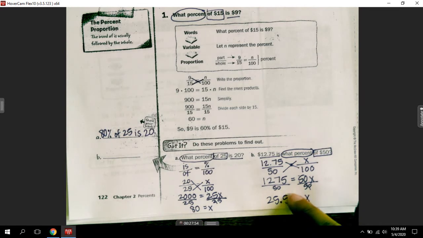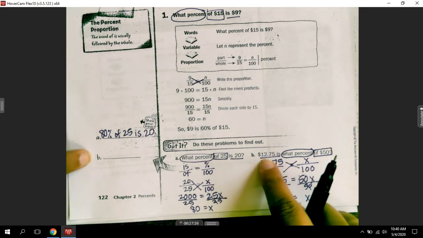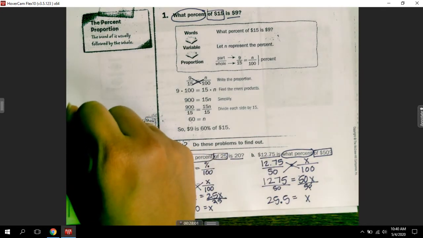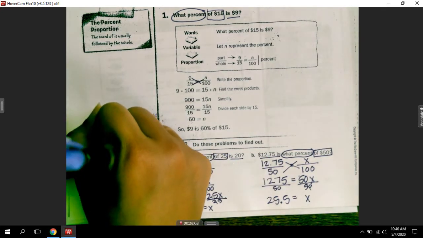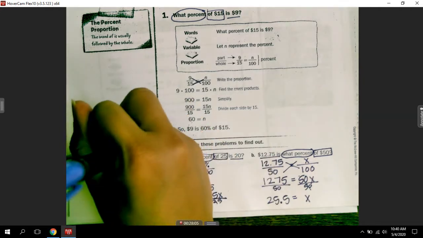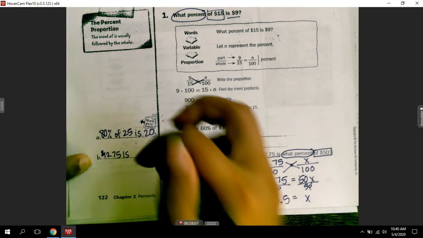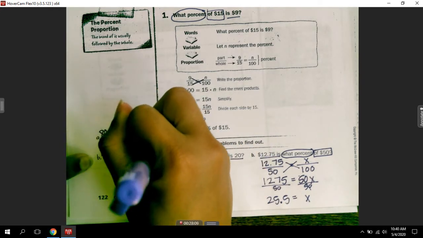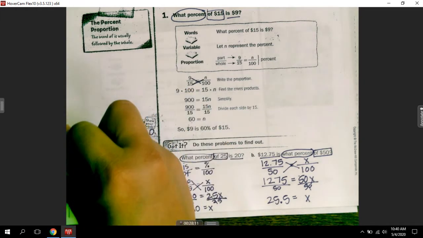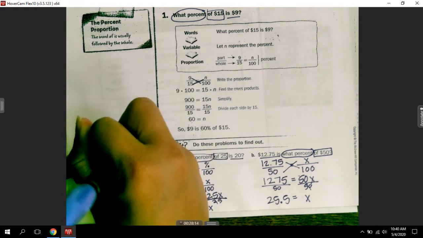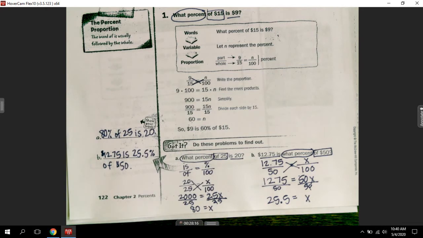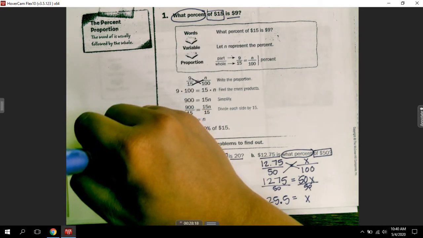So your answer has to have that percent sign tagged to it. So that means that $12.75 is 25.5% of $50. Okay, and that is your answer.